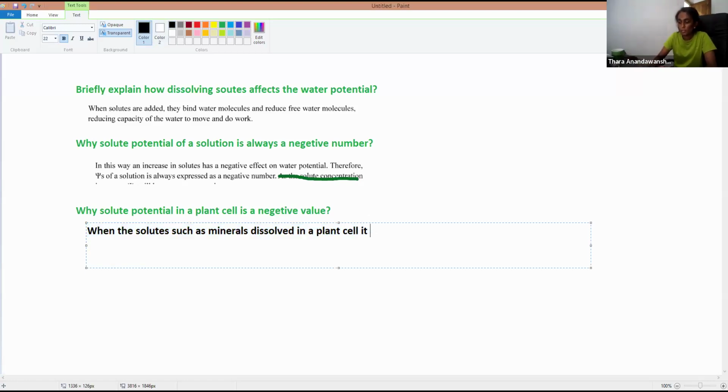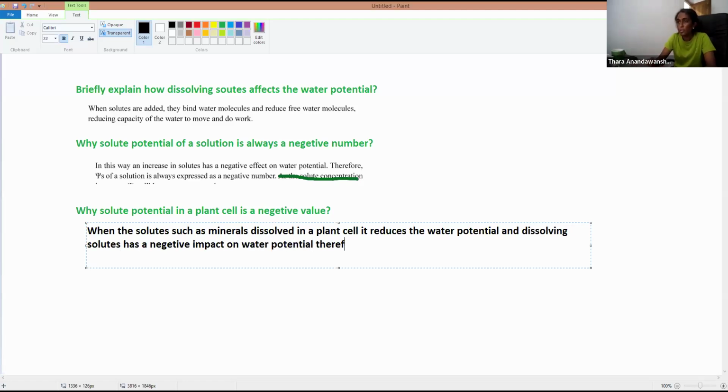It reduces the water potential, and dissolving solutes has a negative impact on water potential.